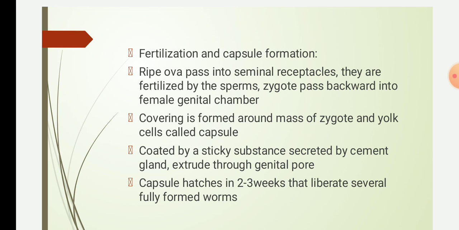The capsule is now extruded through the genital pore. After the formation of the capsule, it is passed out of the body through the genital pore, and as it passes through, the sticky coating is drawn out into a sticky stalk.